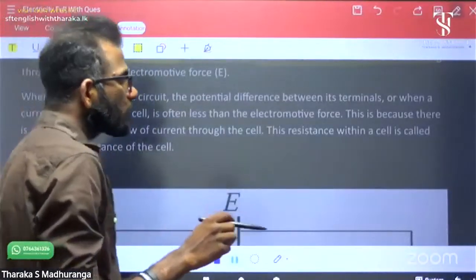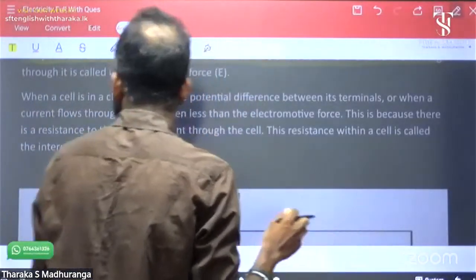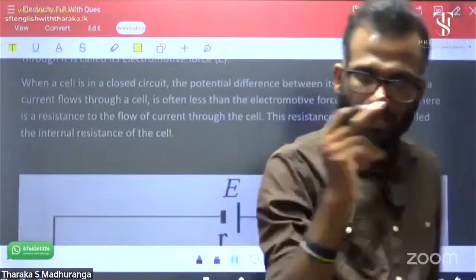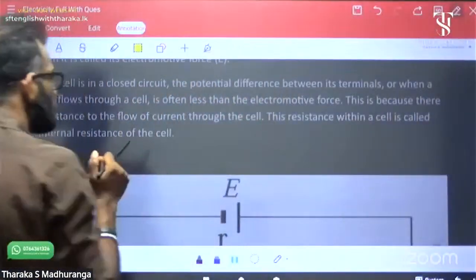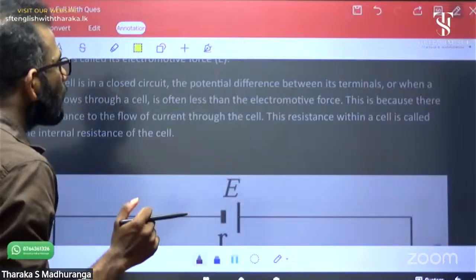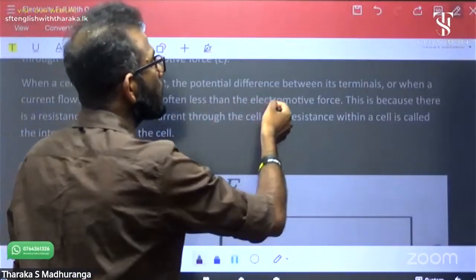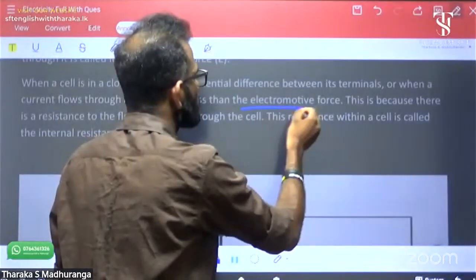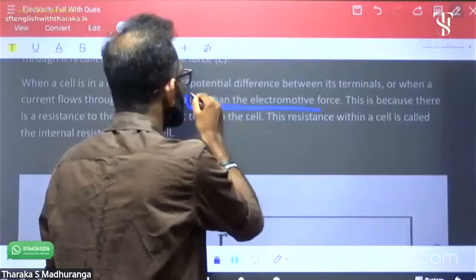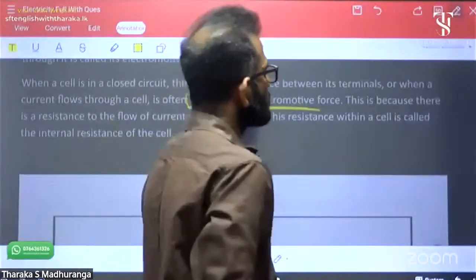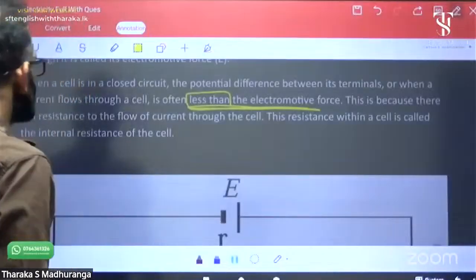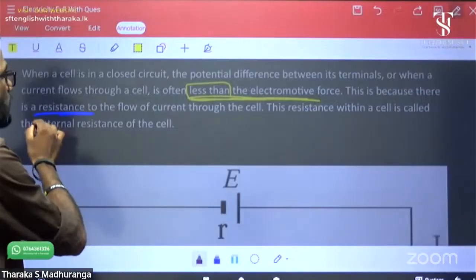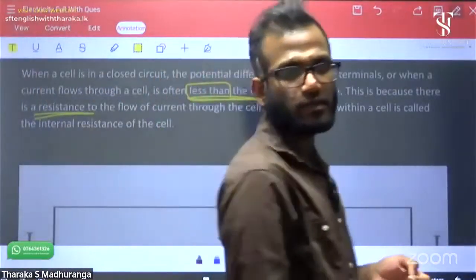The potential difference between its terminals, when current is flowing through the cell, is often less than the electromotive force. That's the most important point. It's less than the electromotive force. This is because there is a resistance to the flow of current through the cell. Resistance is the reason.